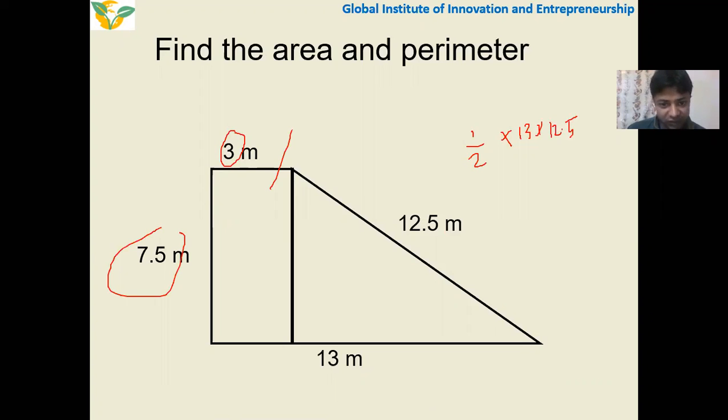So you will get the area of this and the area of this. By summing it up, you will get the area of the whole figure. In order to calculate the perimeter, you will start from here and move along this, and you know each and every dimension. So you can just sum it up and you will get the perimeter of the structure.